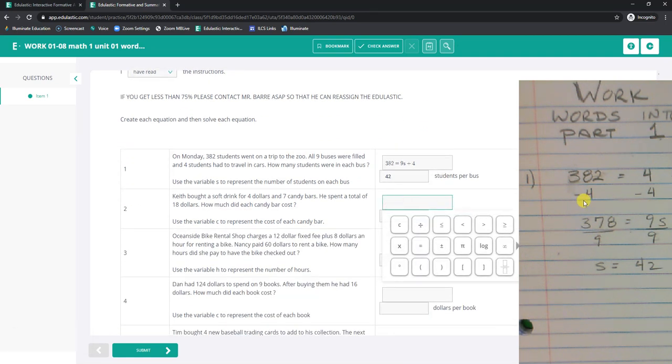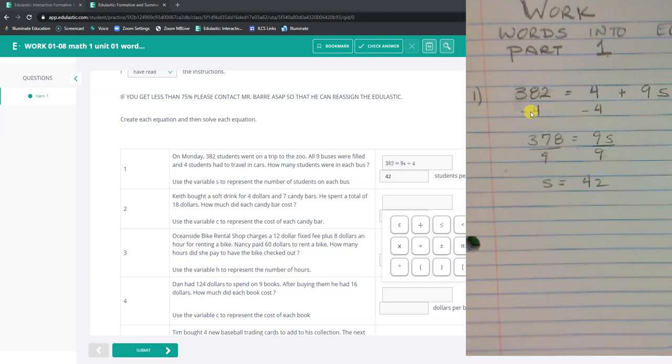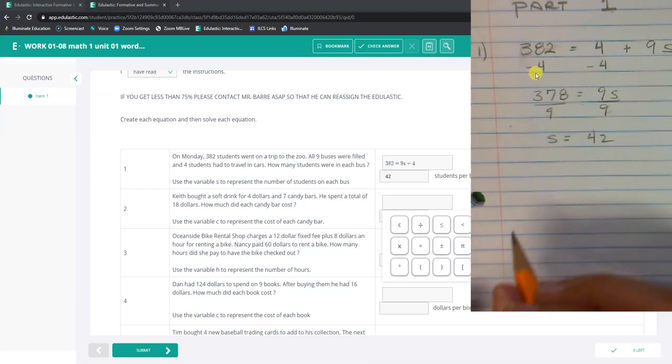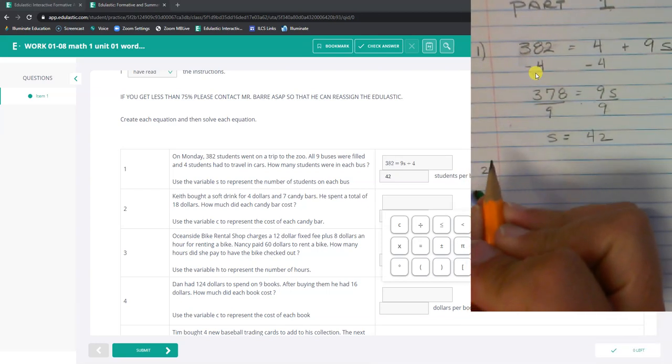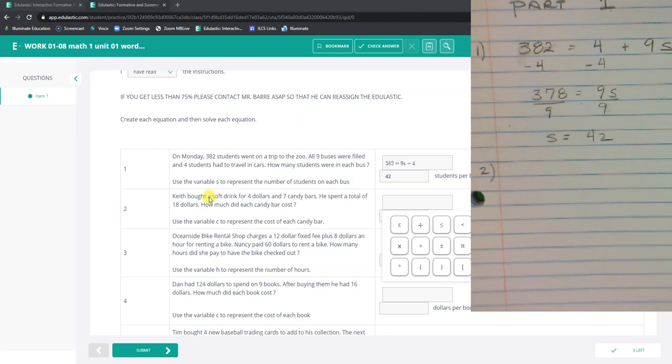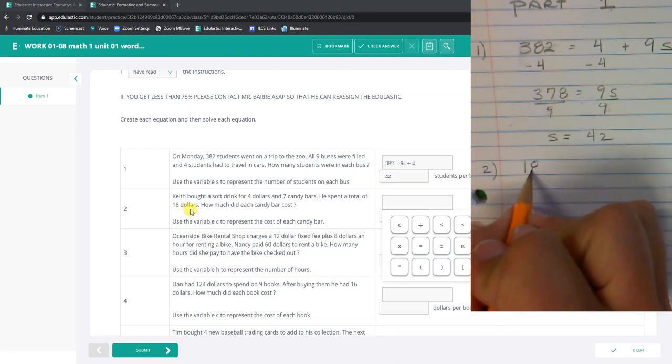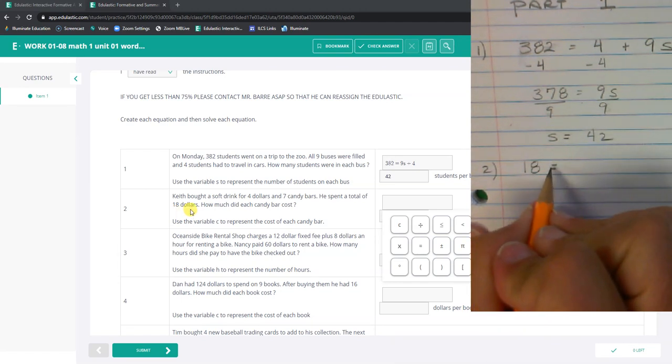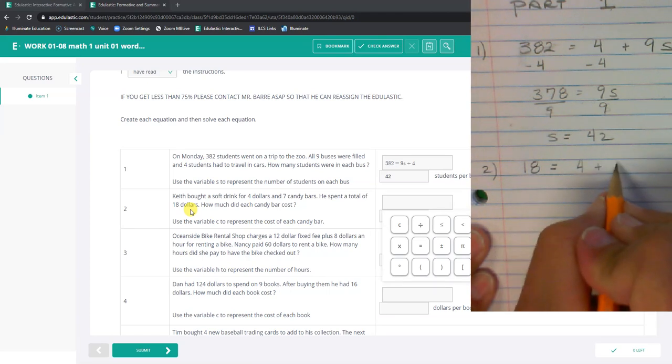Let's do number 2. What do we got? Ken bought a soft drink for $4 and 7 candy bars. He spent a total of $18. So ready? $18 equals $4 plus 7 candy bars.